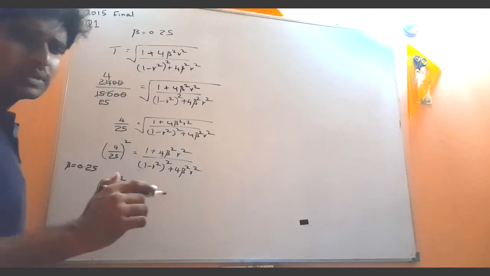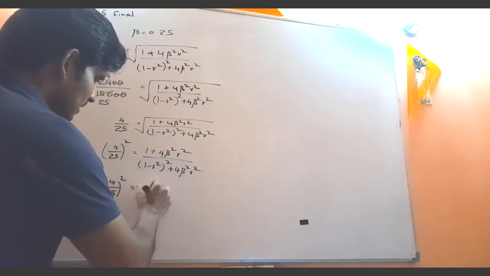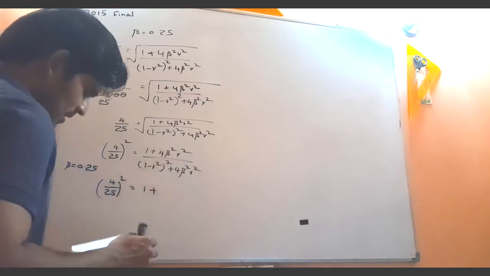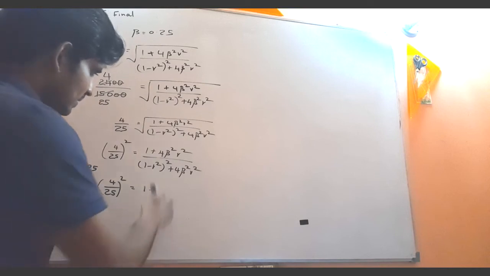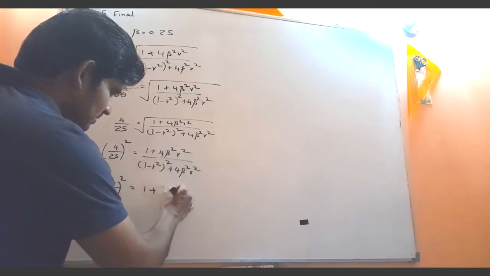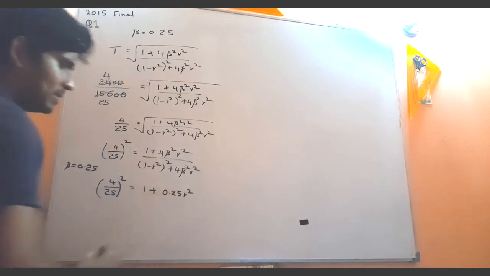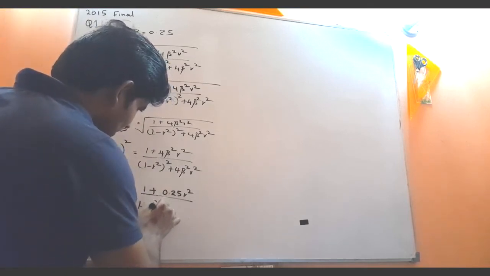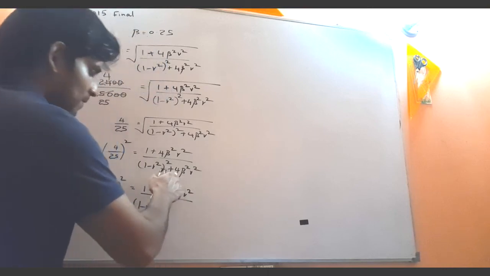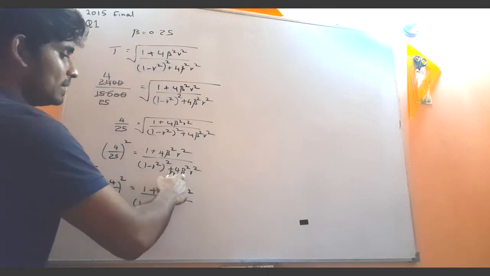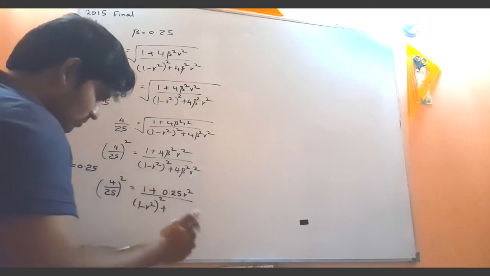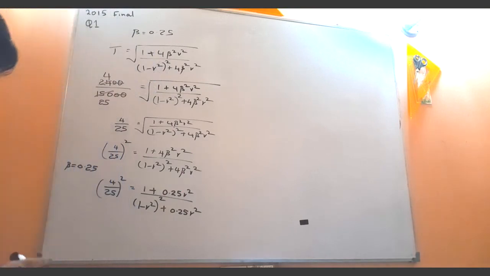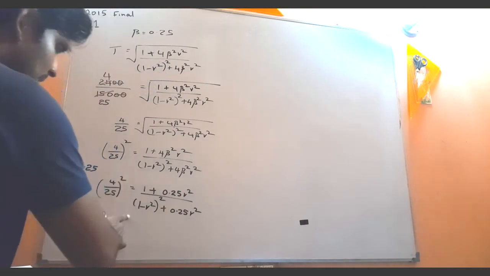If you carefully do the calculations, 1 plus 4 into 0.25 squared will be 0.25, right? So it will be 0.25 r squared, divided by 1 minus r squared whole thing squared plus 4 into 0.25 squared into r squared. That is also 0.25 r squared. Okay, so now we have obtained up to here.